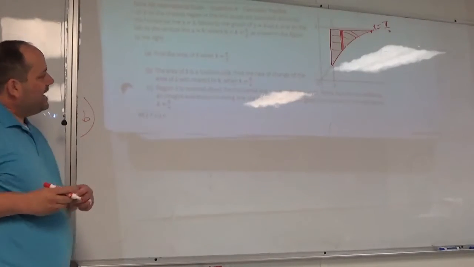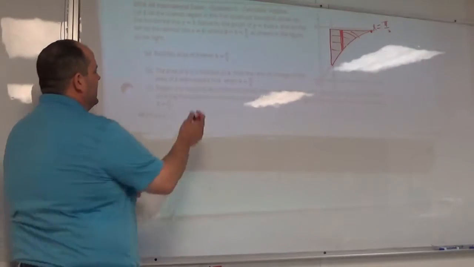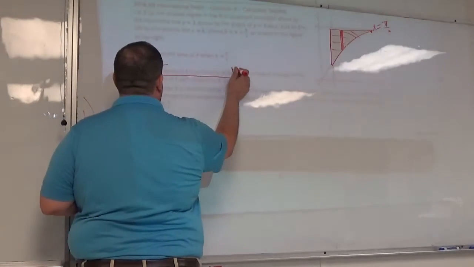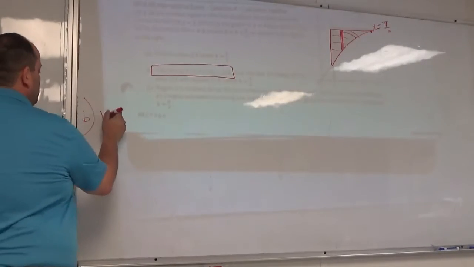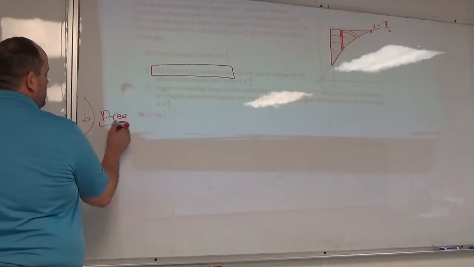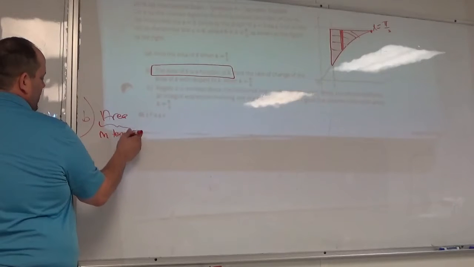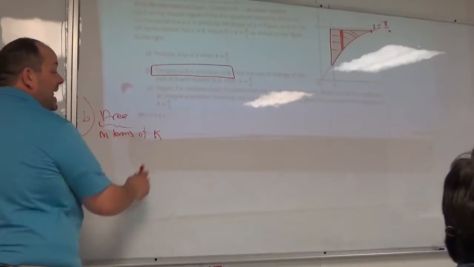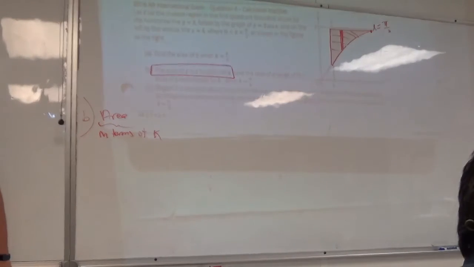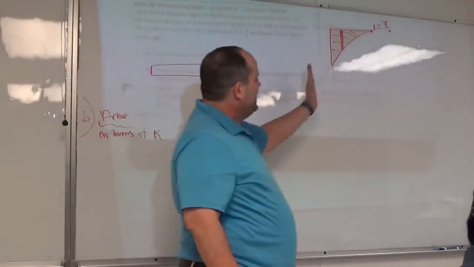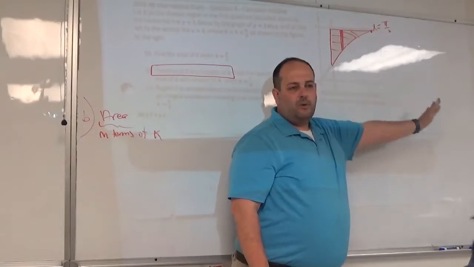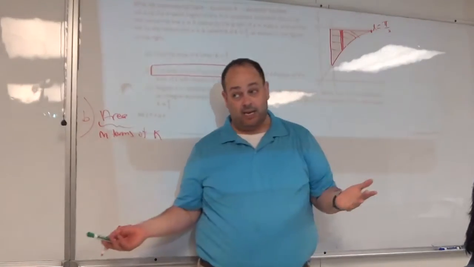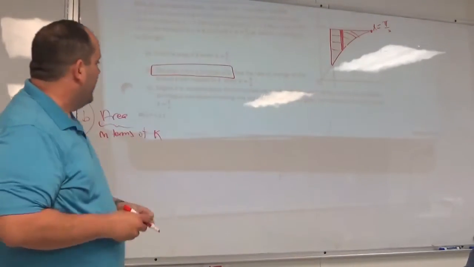All right, B: the area of S is a function of K. Meaning when you talk about area, you're going to get something in terms of K, not a number answer. K could be anything between 0 and pi over 2. That's what K is.